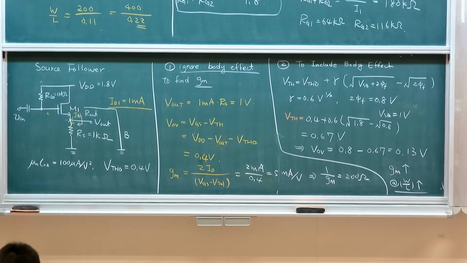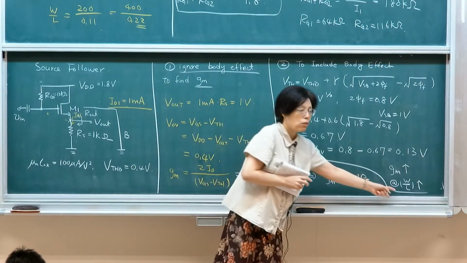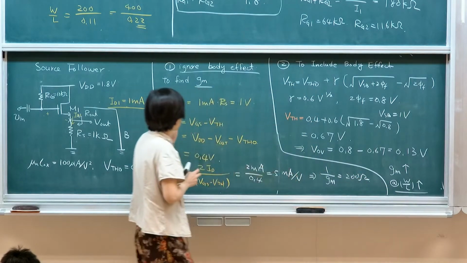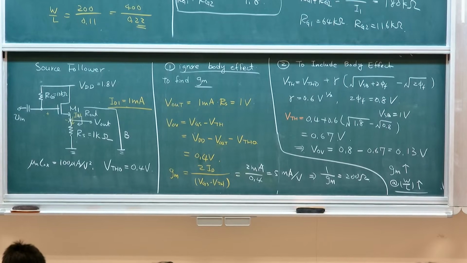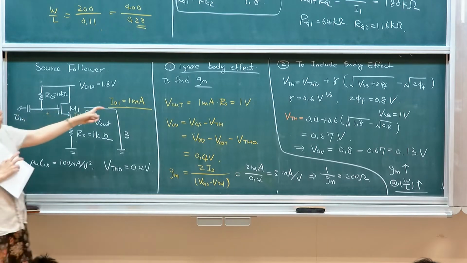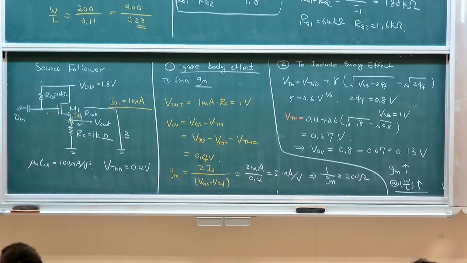When you include it, your overdrive will be less, causing you to increase your W over L in order to make sure that the current level is the same. Okay? Good? So you can do the exercise to find out, for these two designs, to meet the same requirement, include or does not include, what is the request on W over L?